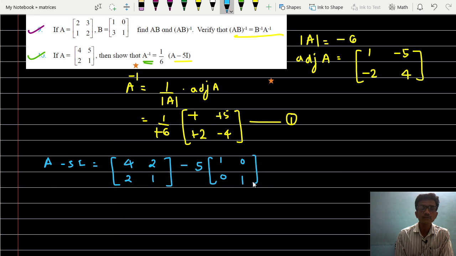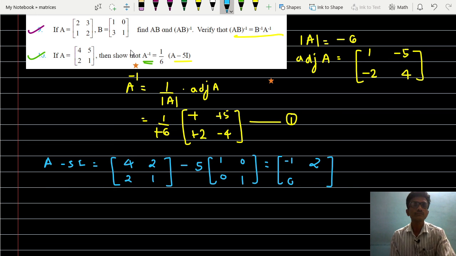So 4 minus 5 it will give us minus 1. 2 minus 0 is 2. Then 1 minus 5 is minus 4. So thus you are getting A minus 5I.